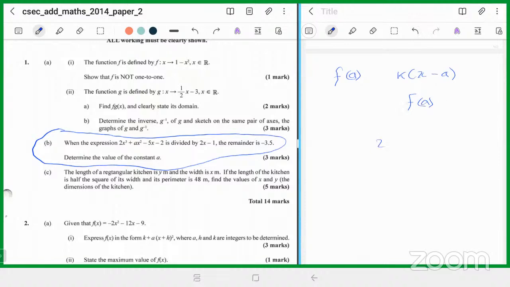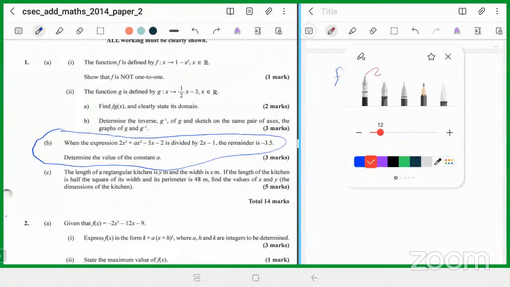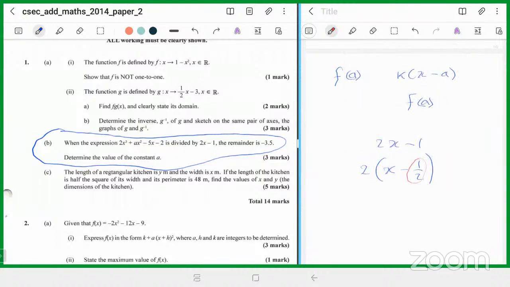So if I have 2x minus 1, and I want to get my a, I need to generate an expression in the bracket like this. I would have to factorize with the 2. So if I factorize 2 out of this, I'm left with an x. Factorize 2 out of this, I'm left with a negative half. And so there is my a. That's another way to find the a. x minus a.